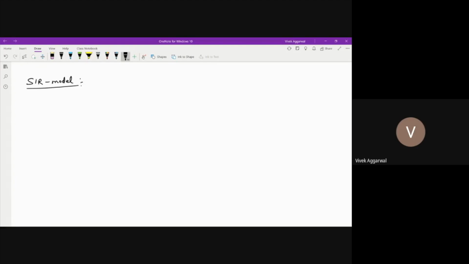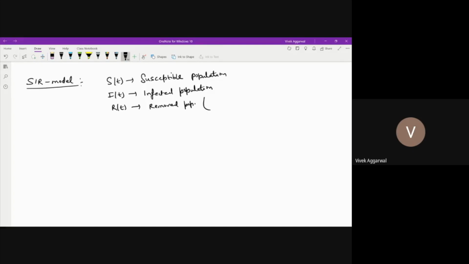In the SIR model, we basically have three variables: S(t), which is called the susceptible population; I(t), that is the infected population; and R(t), that is the removed population.